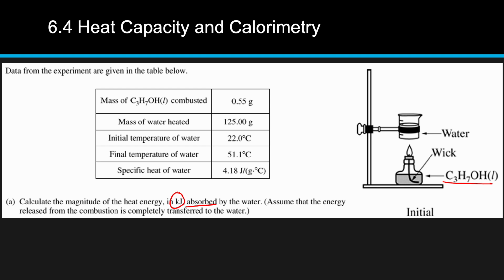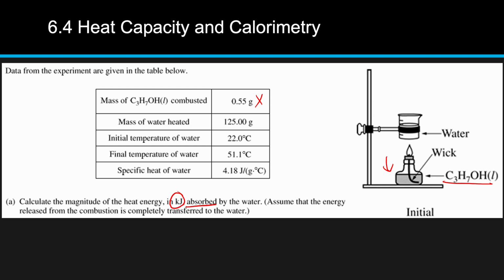Now remember, in the last example, the lithium chloride was dissolved in the sample of water, so we included both of those masses together in our calculations for heat absorbed or released. In this case, our sample of propanol that is being burned to heat up the water is not in the sample of water, which means we are not including that in our calculations for Q.